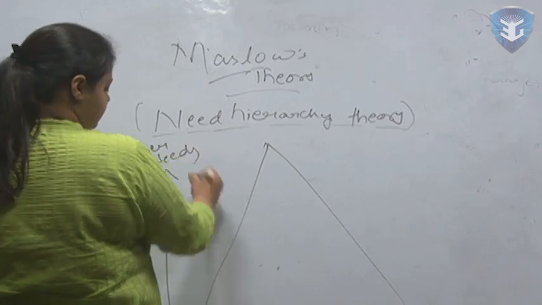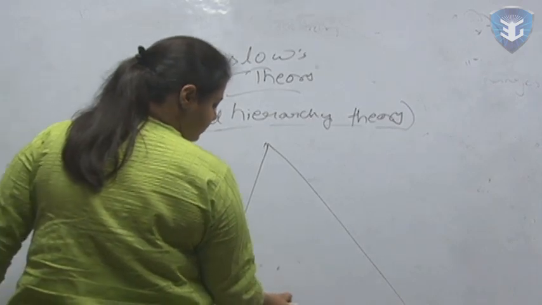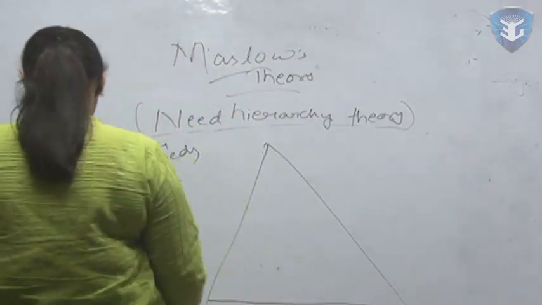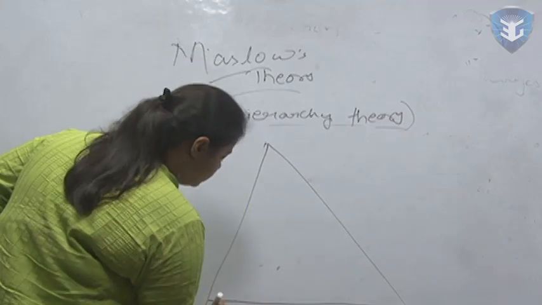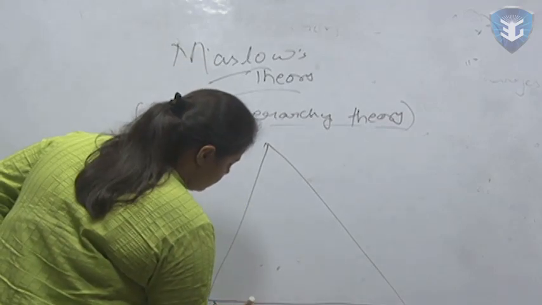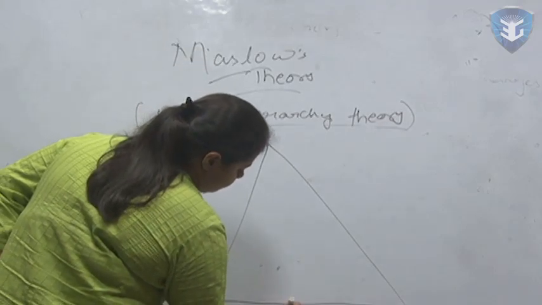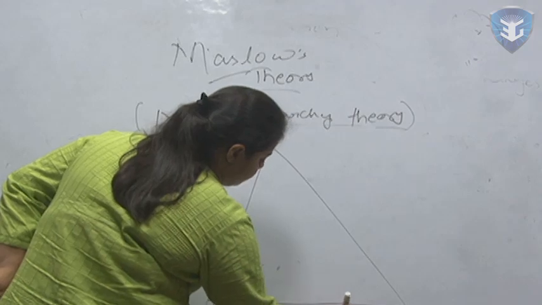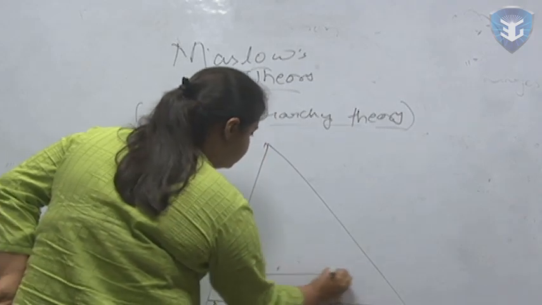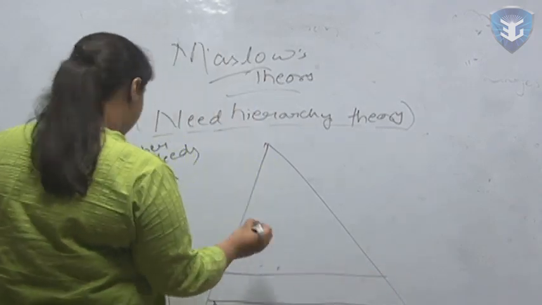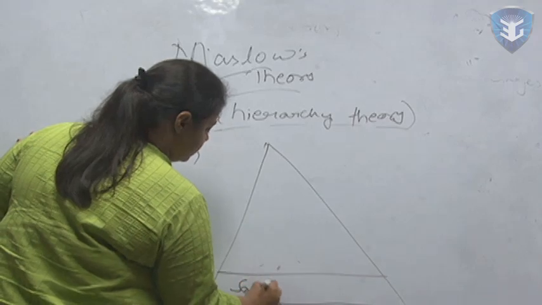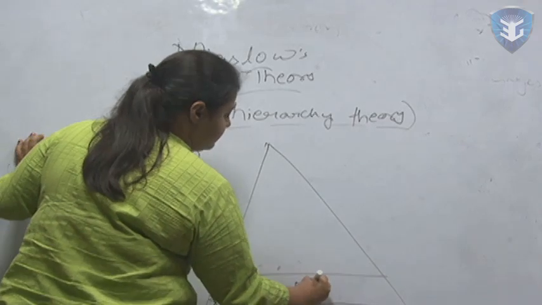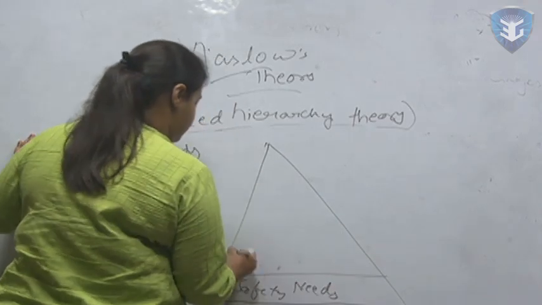The very basic needs are demonstrated in the lowest box, which we call the biological needs. The second level of the hierarchy belongs to safety needs, wherein the person seeks safety.